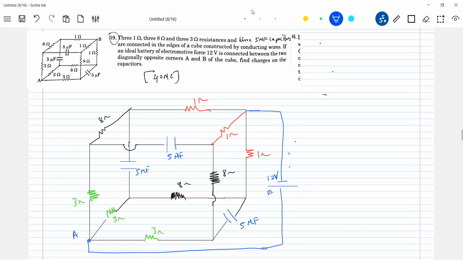He's asking steady state charge across the capacitors. Okay, let's do one thing. Let's trace out the path. No need to read all. It's quite very simple. So current, let's assume, let's search the path.